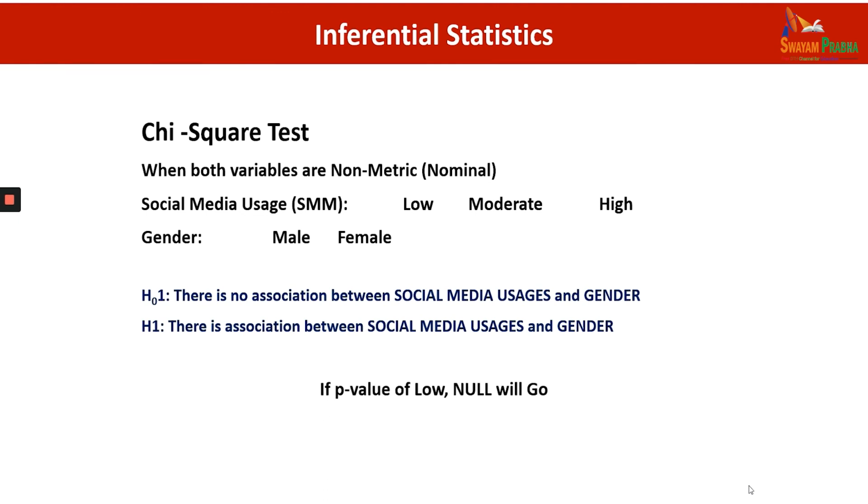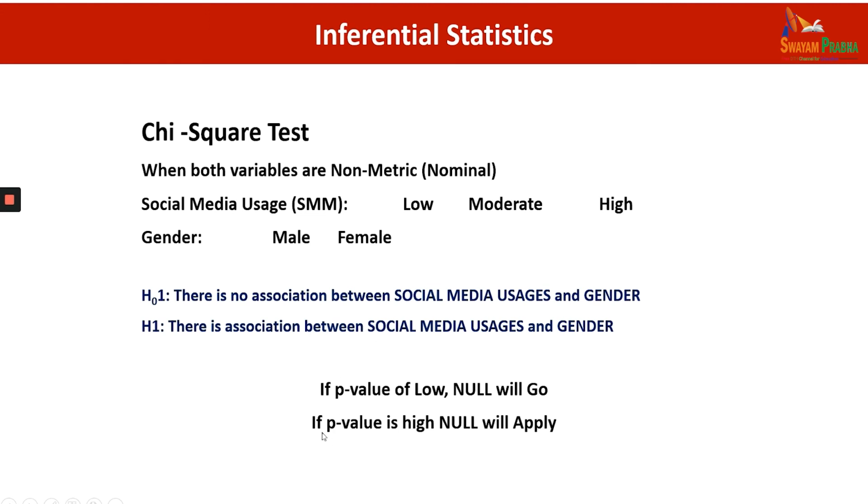And this golden rule is, if p-value is low, the null will go. When I am saying p-value is low, it means you are comparing it with your benchmark, and in our case, our benchmark is 0.05. If it is less than 0.05, our null will go, meaning we will reject our null hypothesis in this case, and alternatively we will accept our alternative one.